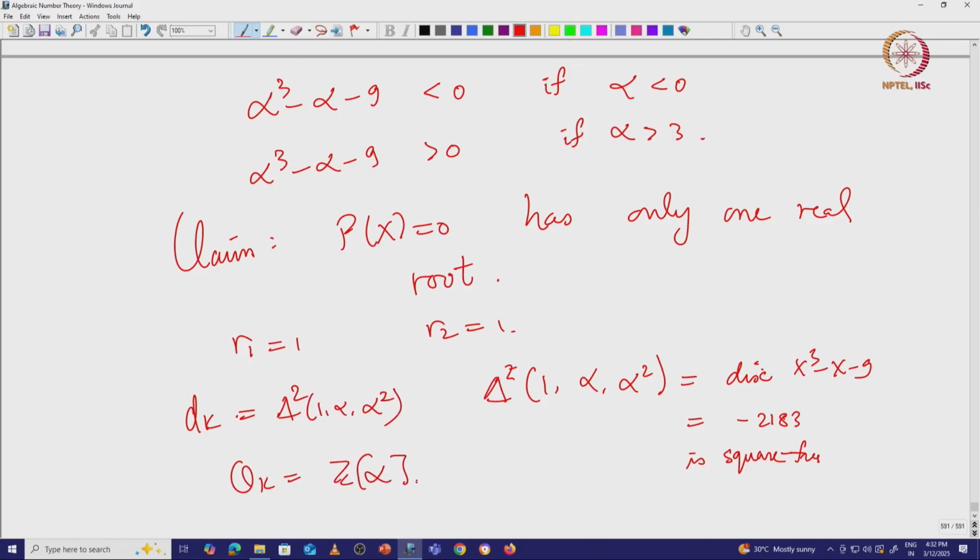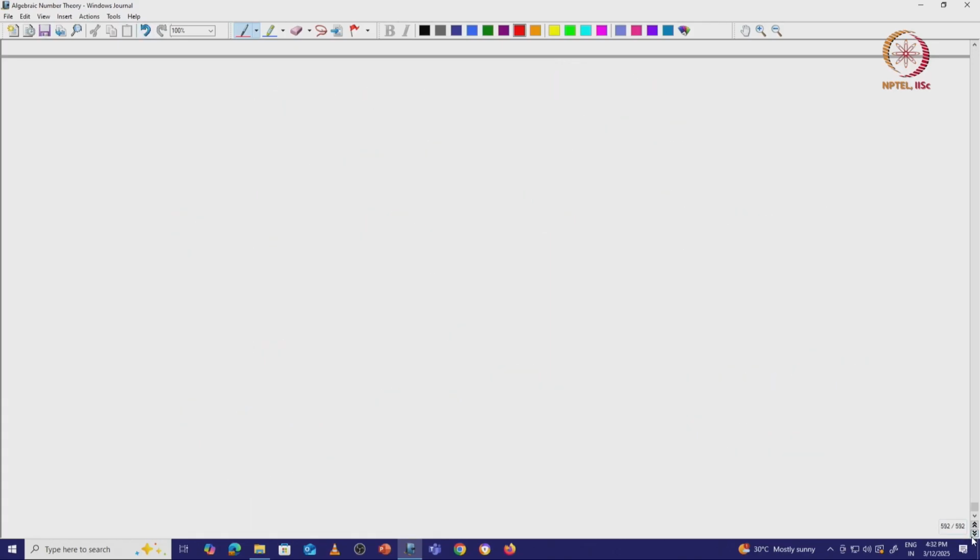Okay. All right. So, this is minus 2183. Okay. And so, if you compute what the Minkowski bound is, then this turns out to be 3 factorial by 3 to the 3 into 4 by pi into the square root of 2183.